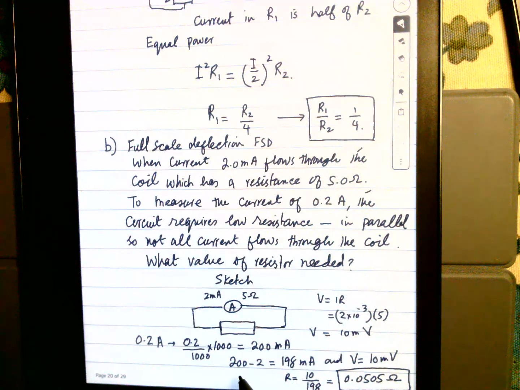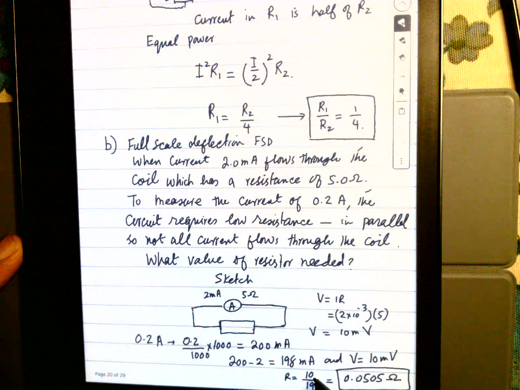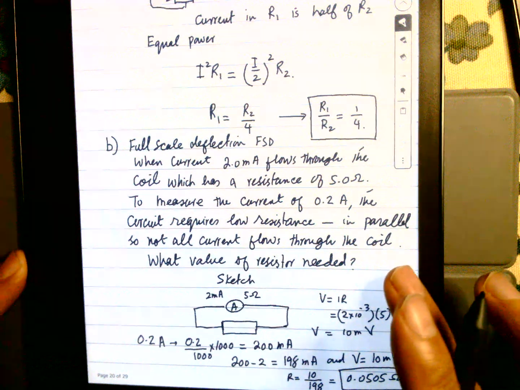So 200 take away 2 is 198 milliamp, at 10 millivolt. So the resistance is 10 milli divided by 198. It is equal to a very small resistance, 0.0505, or about 0.05 ohm.